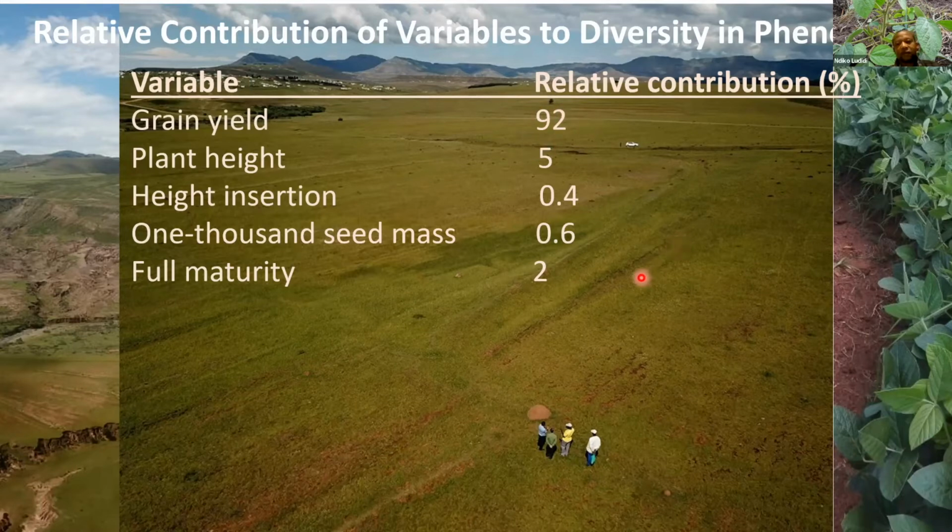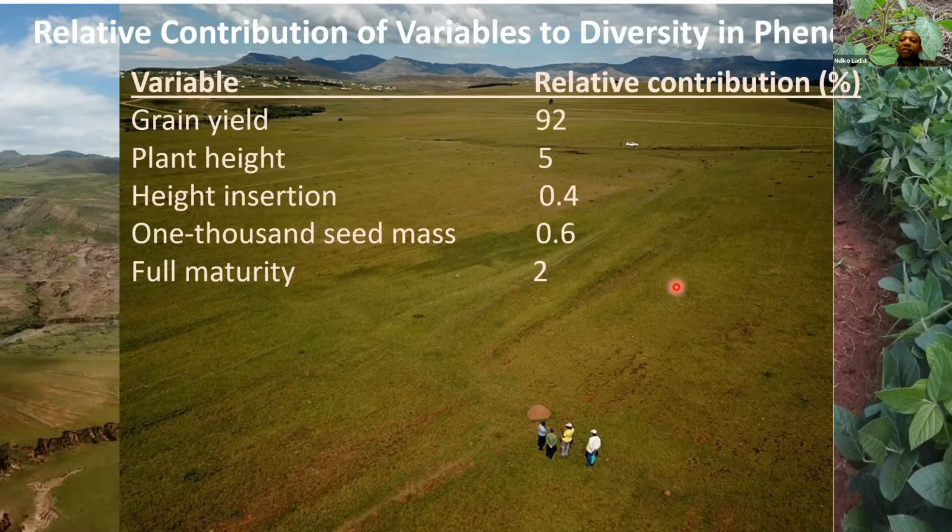Also, the taller the plants, the more branches they have, and therefore eventually the more pods. But that contributes only about 5%. So grain yield was the major determinant, and the one more related to the diversity of the accessions that we had.